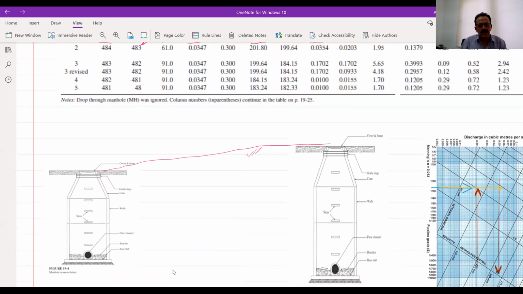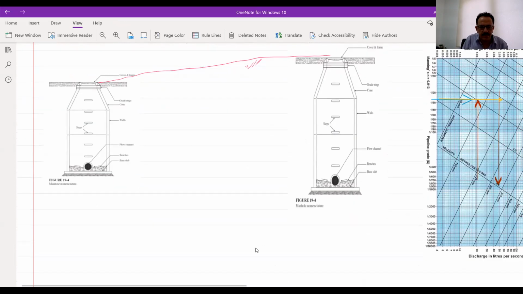We said that is manhole number 485, and there will be a sewer line. The sewer will come with this white line. So this is line 1. This is manhole 485. This is manhole 484.